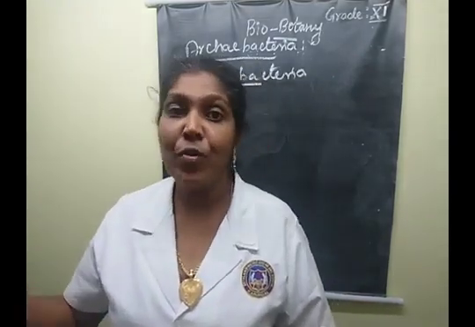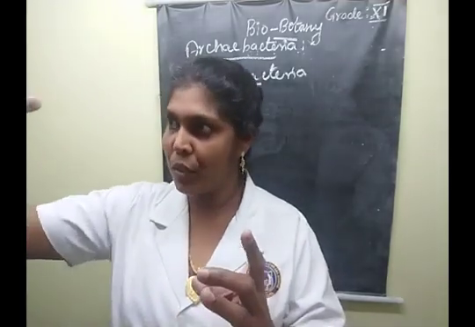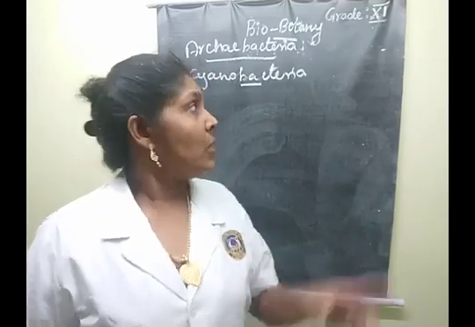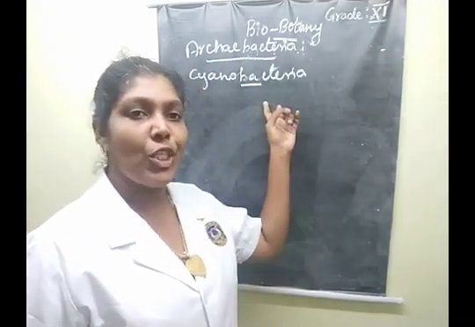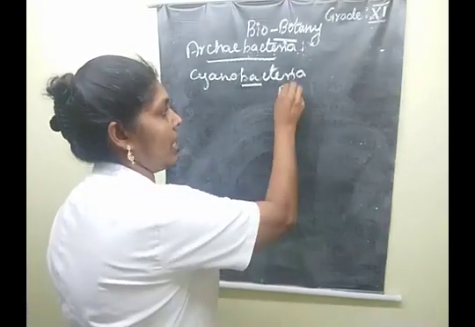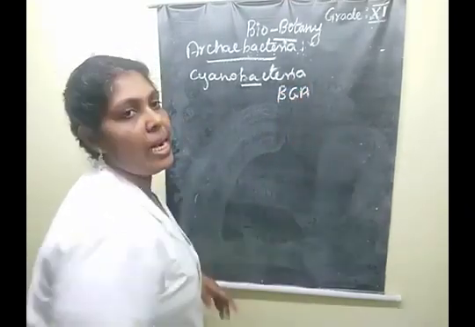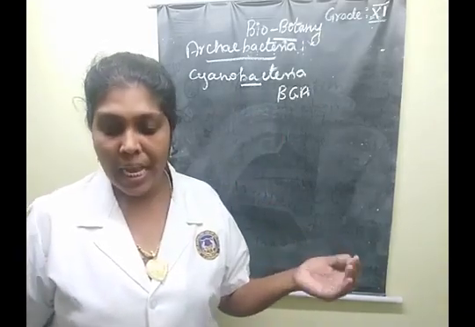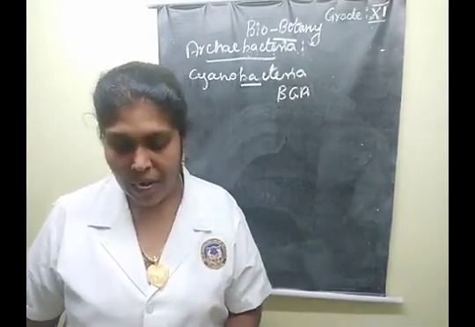That is a class name, we call it algal classification. There are many classifications, and here we call it the Cyanophyceae classification. Understood? Cyanobacteria is commonly called blue-green algae. What is the name? Blue-green algae.